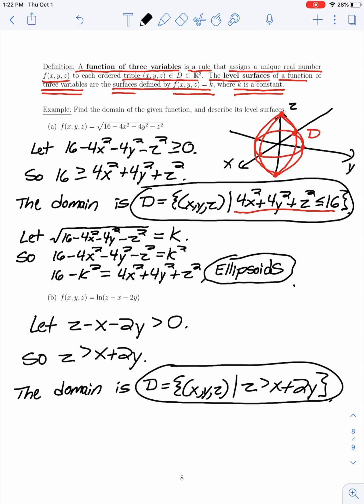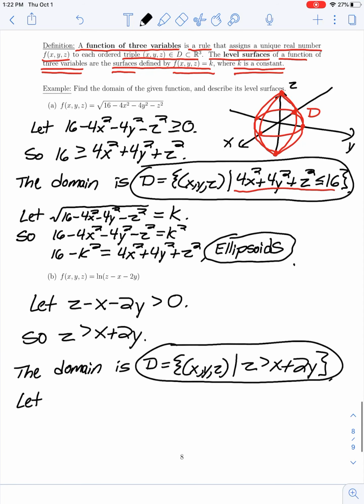Now, to describe the level surfaces of this function, we would take the function, natural log of z minus x minus 2y, and set it equal to some constant k. So simplifying a little, we have z minus x minus 2y would be e to the k.